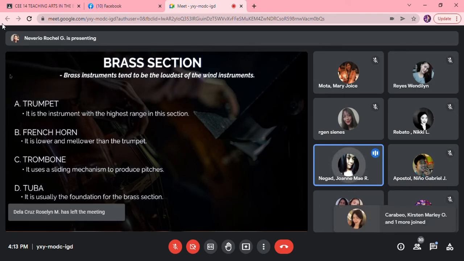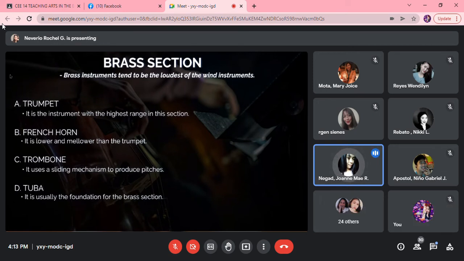The first one is trumpet. So, alam ko marami na rin sa atin alam kung ano ang itsura ng trumpet. So, trumpet, it is the instrument with the highest range in this section. So, dito sa brass section, ang trumpet ang pinakamataas yung range niya. It has a bright and powerful tone.